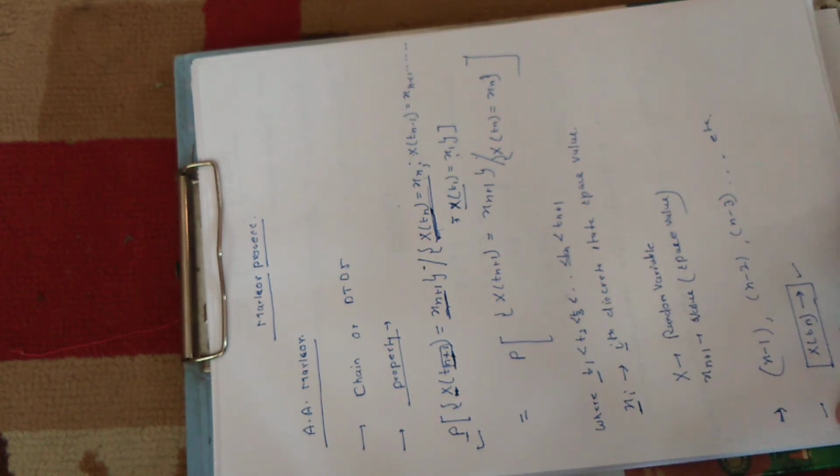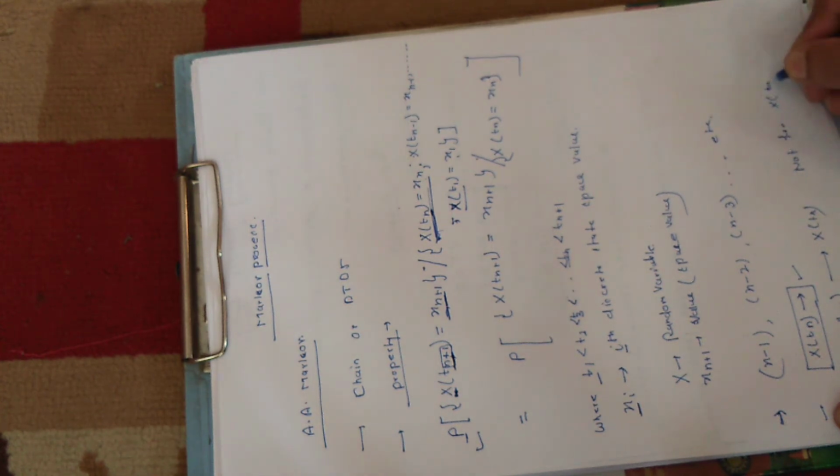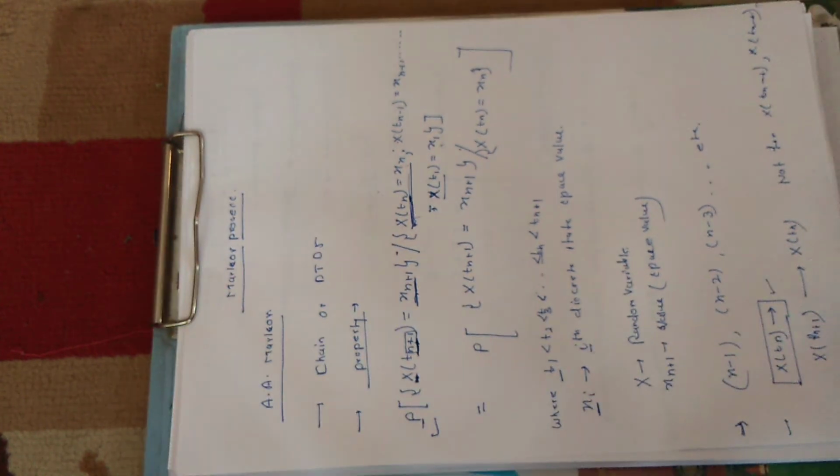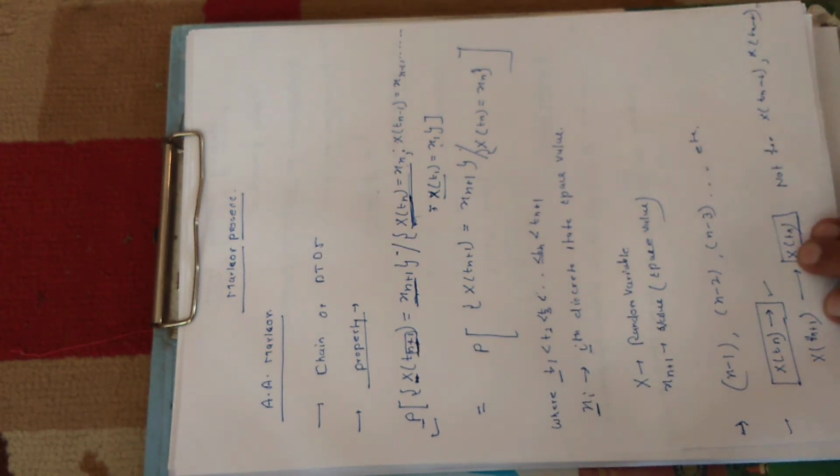For finding the value of X(t_{n+1}), we go for X(t_n), not for X(t_{n-1}) or X(t_{n-2}), because X(t_n) is the summarized value of all past values.